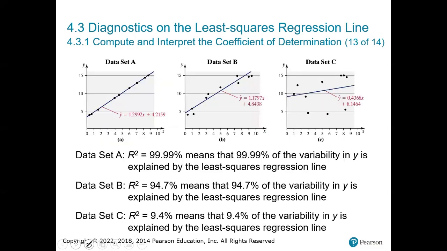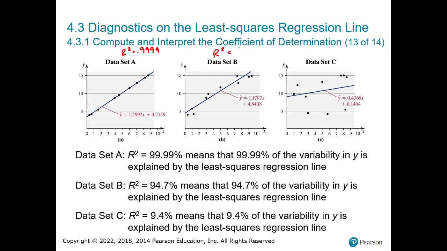What's going to happen here is the R values are going to give you almost perfect, pretty strong, really weak. So when I take those values and I square them, I'm going to get another value. So the R squared in this first one is going to be 0.9999.